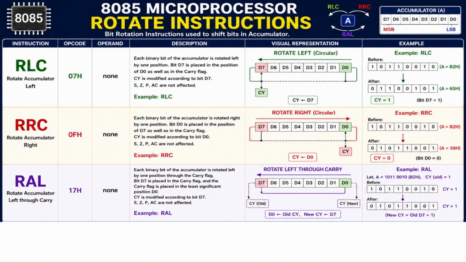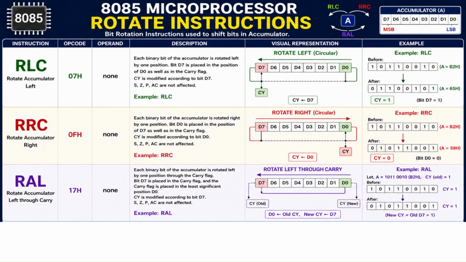Now comes the most interesting rotate instruction, RAL, which stands for rotate accumulator left through carry. Its opcode is 17H. Like the previous instructions, it operates only on the accumulator, but unlike RLC, this instruction also uses the carry flag as a part of the rotation.